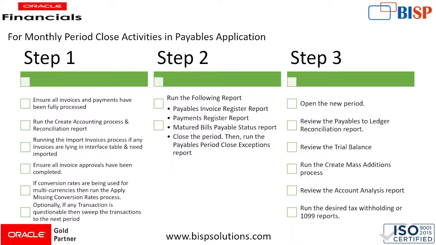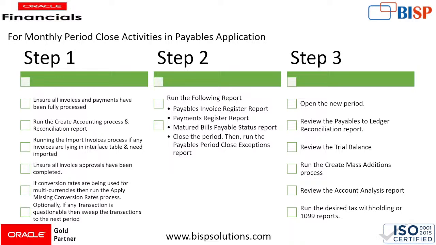Run the create mass additions process. This pushes all invoices, including capital assets, to the fixed assets module. Review the accounting analysis report to ensure only necessary transactions are posted to GL.